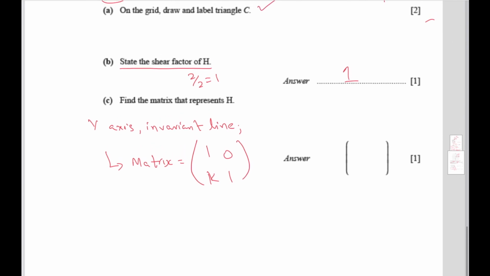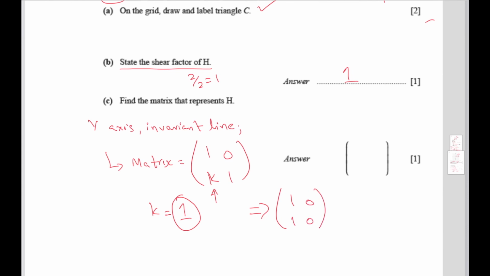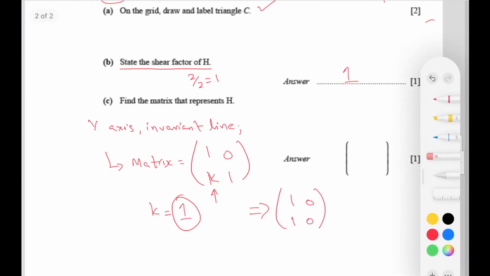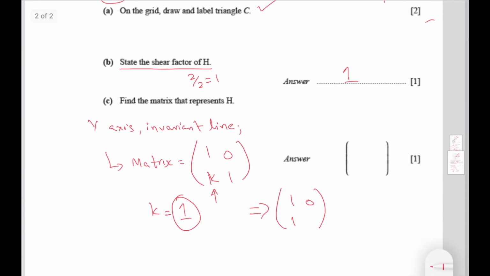The value of k over here is the value of the shear factor. Therefore, we replace k by 1. Sorry, not 0 over here, this is going to be 1. So we write this value as 1 over here and our final answer is (1, 0; 1, 1) and we're done. I hope this question made sense.